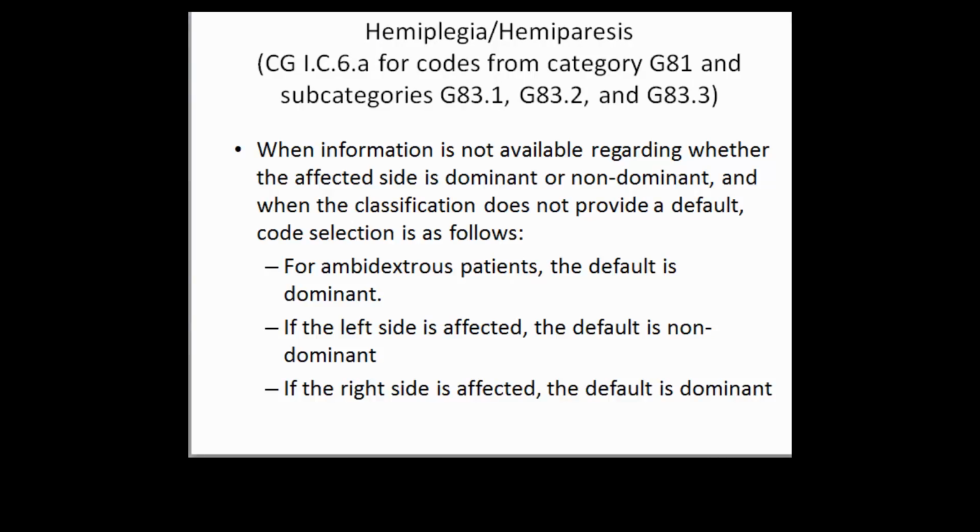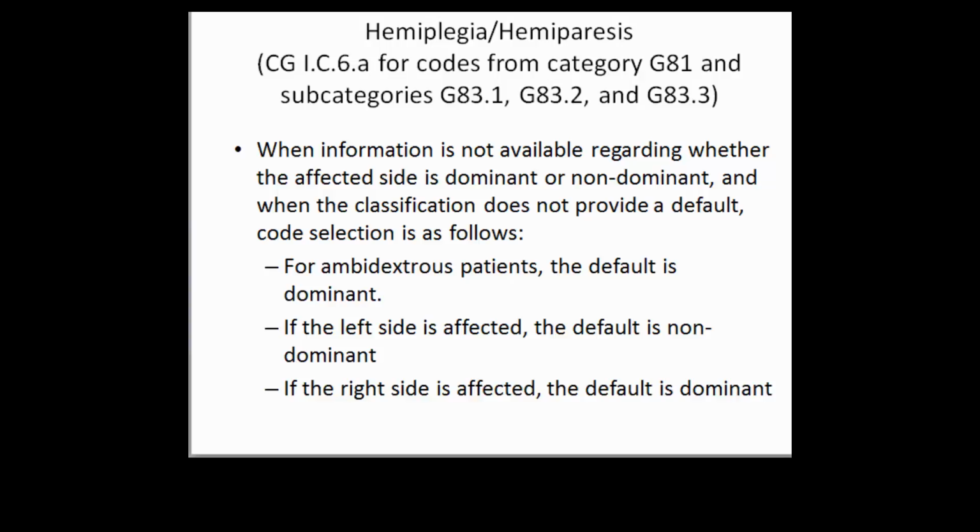There are certain coding guidelines that are specific to only certain codes, and coding guideline 1C6A is for codes from category G81 and subcategories G83.1, .2 and .3.